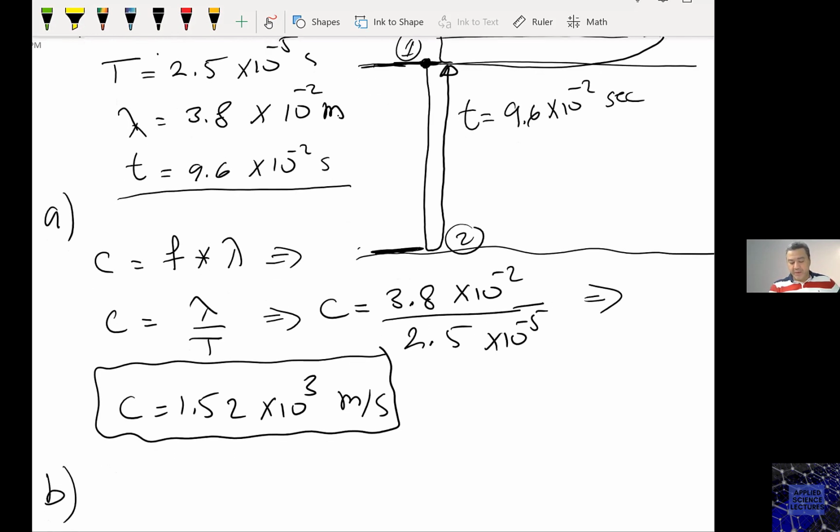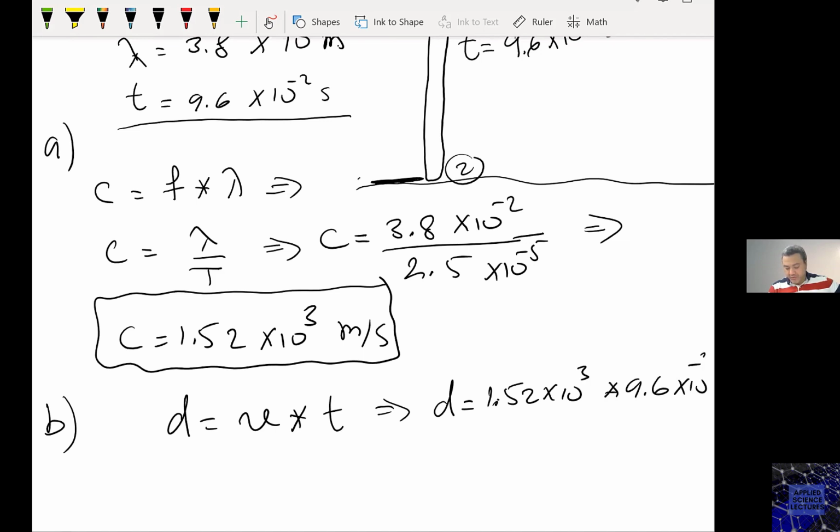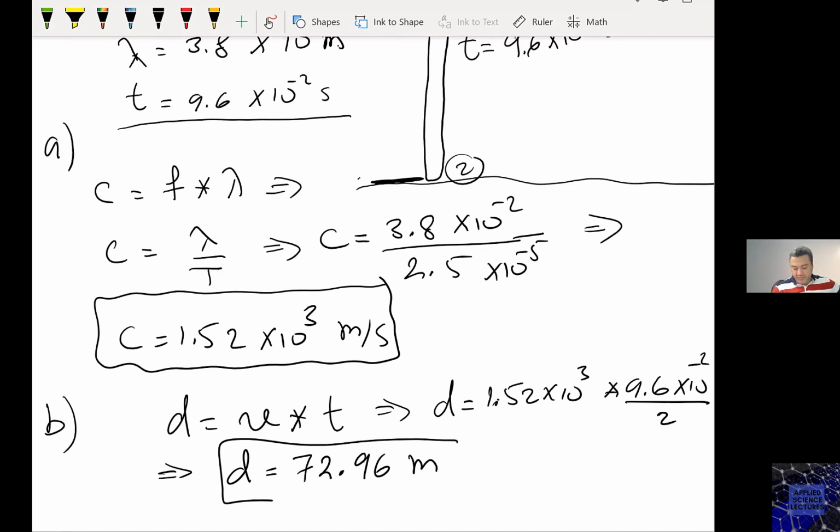So the time the wave takes from the boat till it reaches the bottom of the lake is half this time. So if I put D equals v times t, then D equals 1.52 times 10 to the power 3 times 9.6 times 10 to the power minus 2, all divided by 2. And in this case, D is 72.96 meters.